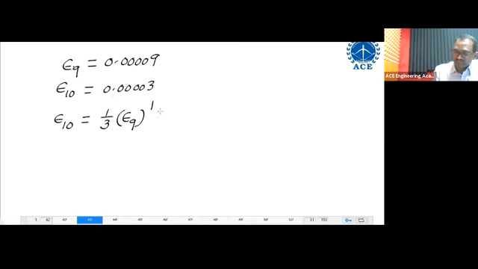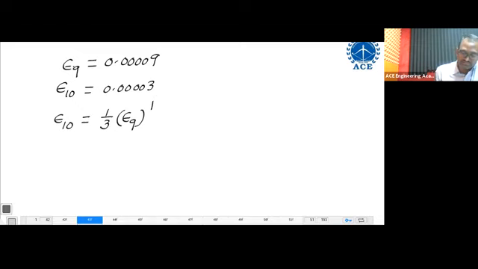Sometimes we may get the error at the 10th approximation equal to 1 by 3 times the error at the 9th approximation, whole square or whole cube.